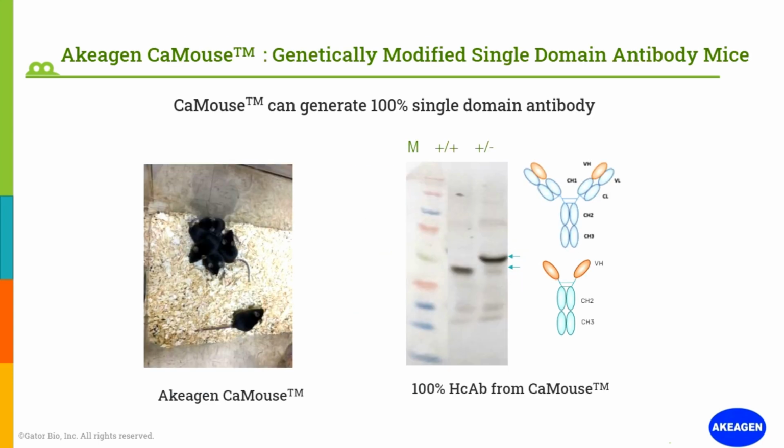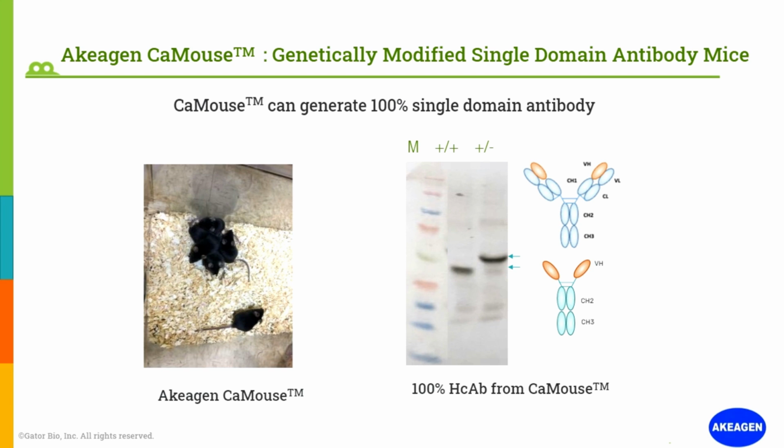So the camel mouse we generate are very healthy, and so they can breed normally and have a normal lifespan. In the right panel, I show a Western blot of the serum of the camel mouse.